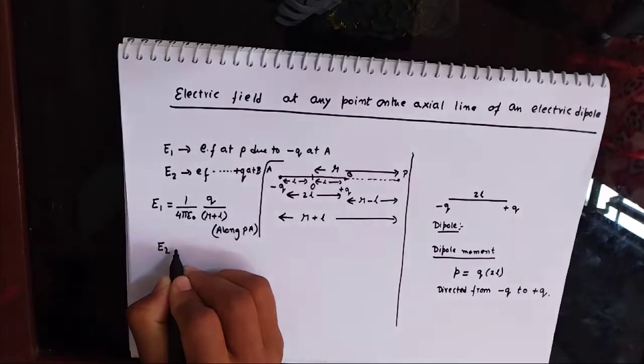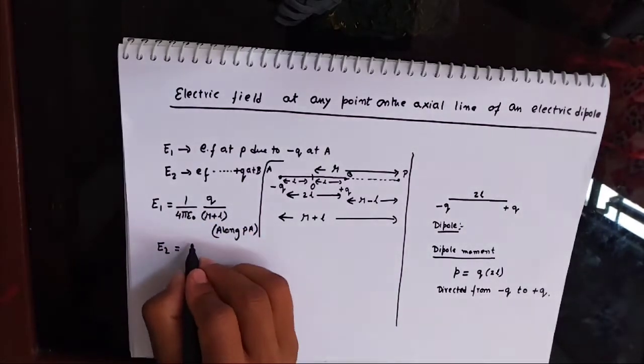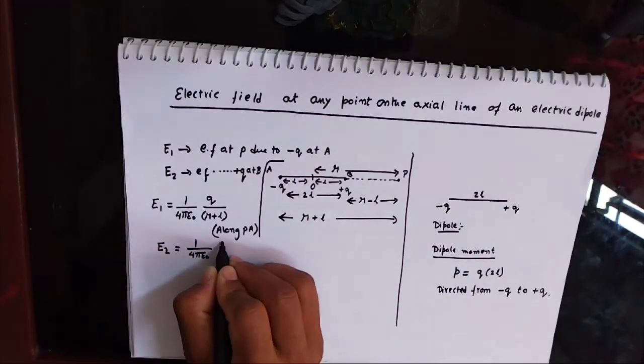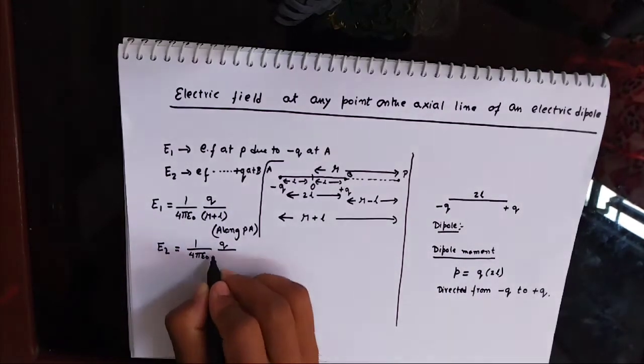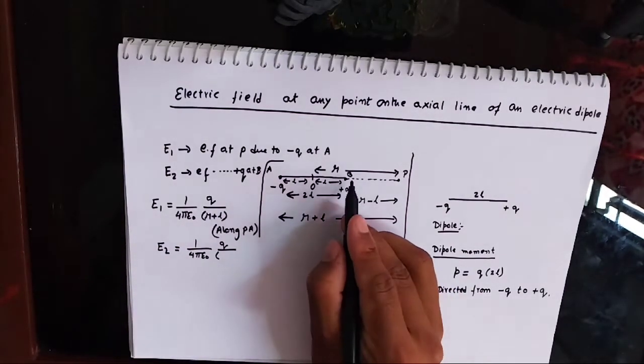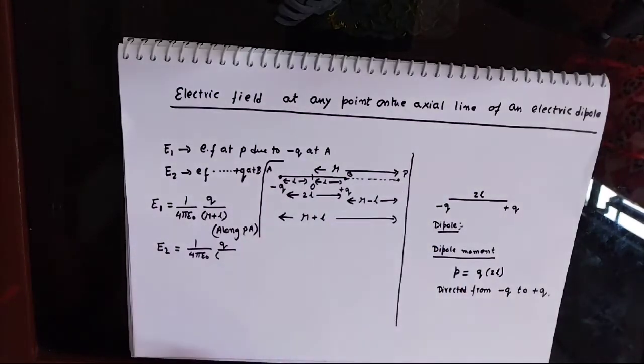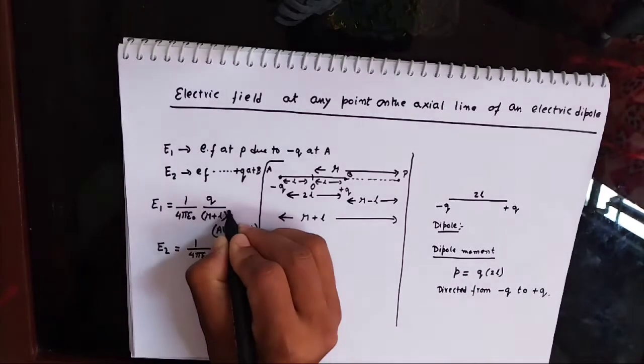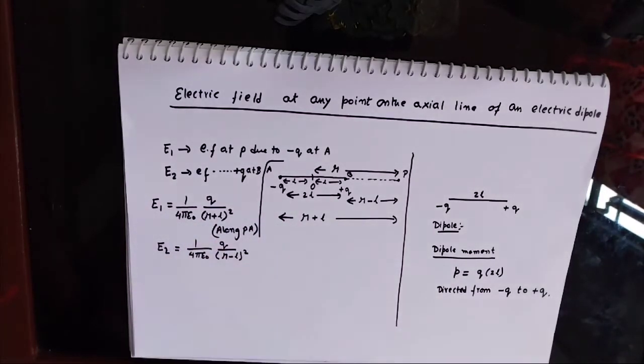And what about E2? This E2 is 1 by 4 pi epsilon naught. The magnitude of the charge is Q. And what's the distance from plus Q to P? This one is R minus L. Remember, here it is square, here it is also square. Okay.